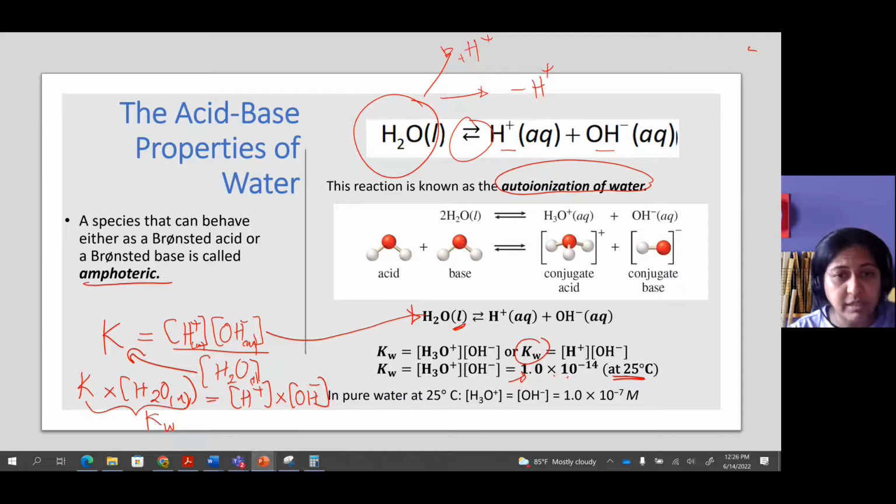So in pure water at 25 degrees Celsius, the concentration of hydronium ions is exactly equal to the concentration of hydroxyl ions. So we have equal acidic and basic properties in pure water at 25 degrees Celsius. The concentration of H3O plus or OH minus equals 1.0 times 10 to the negative 7 at 25 degrees Celsius in pure water.